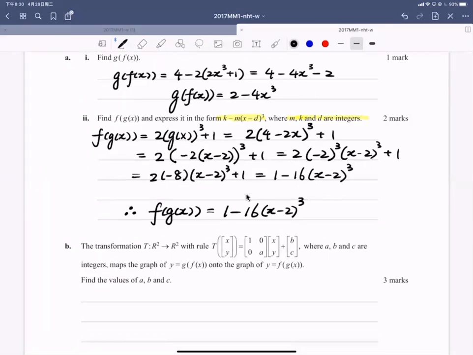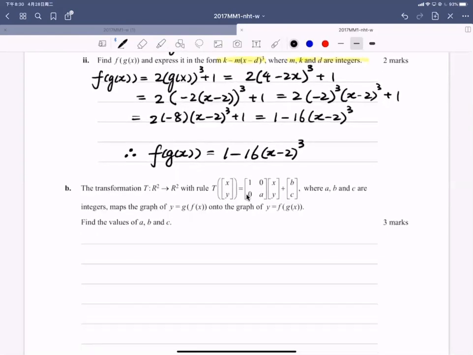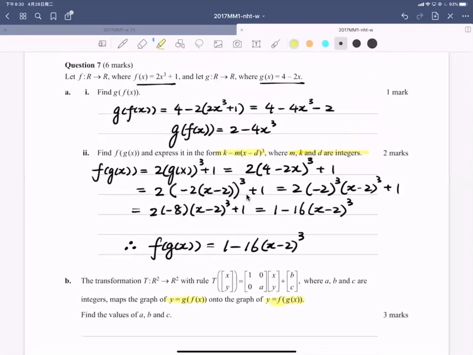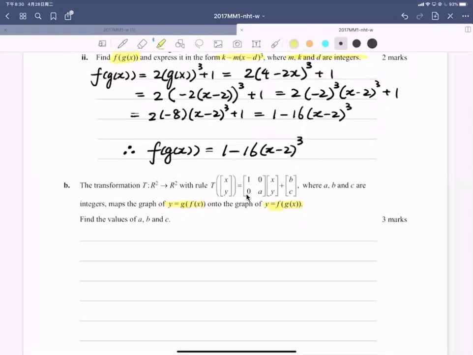The transformation T maps the graph of y equals g of f of x onto the graph of y equals f of g(x). Okay, so we want to transform the first function into the second one.